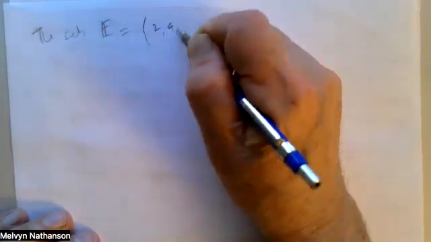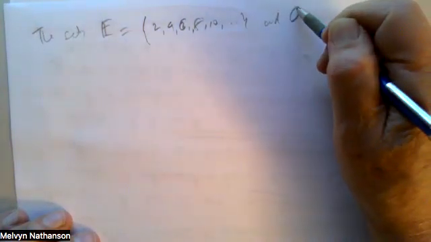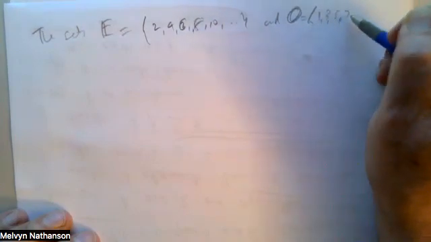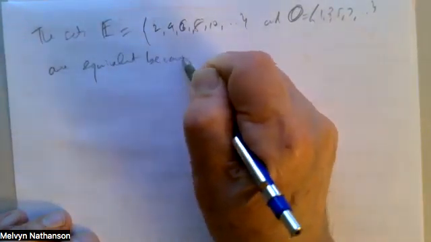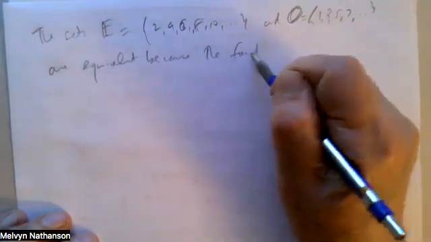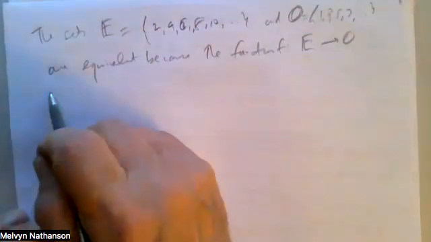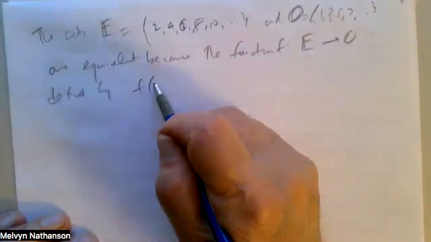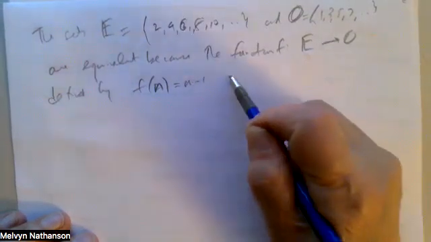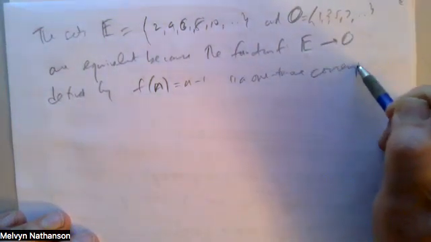The set E of positive even integers, and let's call O the set of positive odd integers, are equivalent because the function f from the even numbers to the odd numbers defined by f of n equals n minus 1 is a one-to-one correspondence.